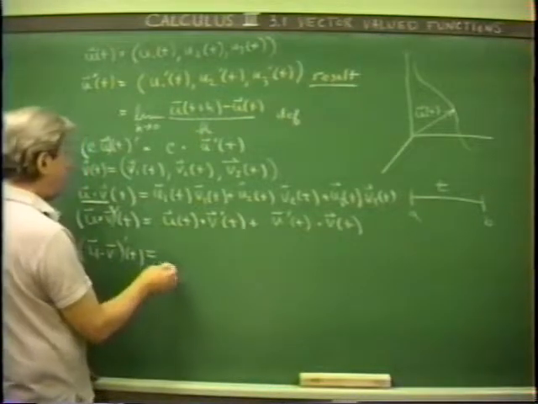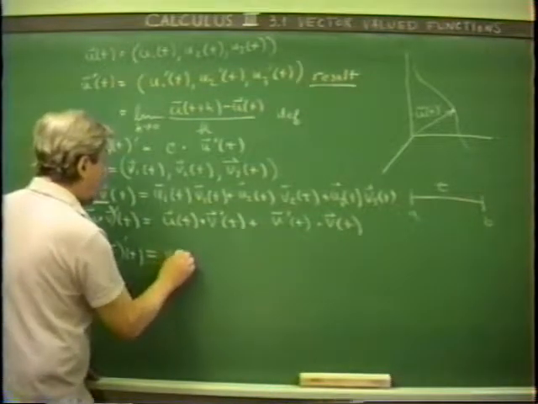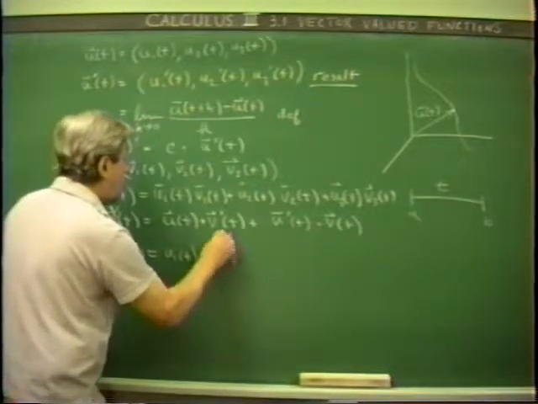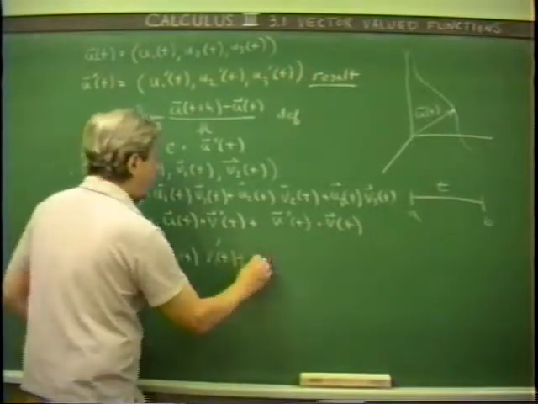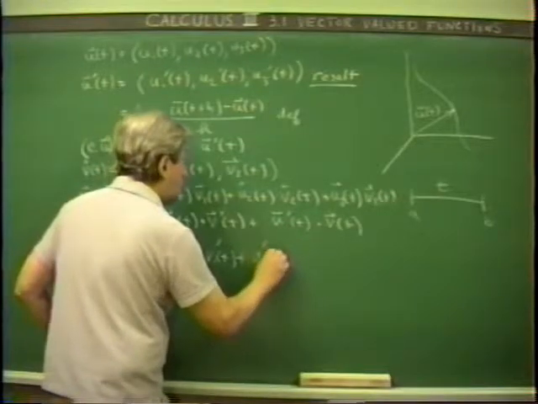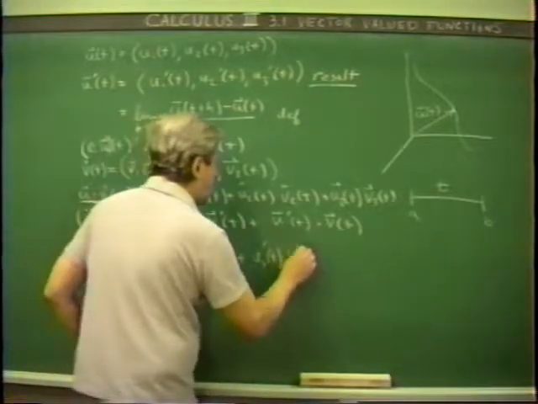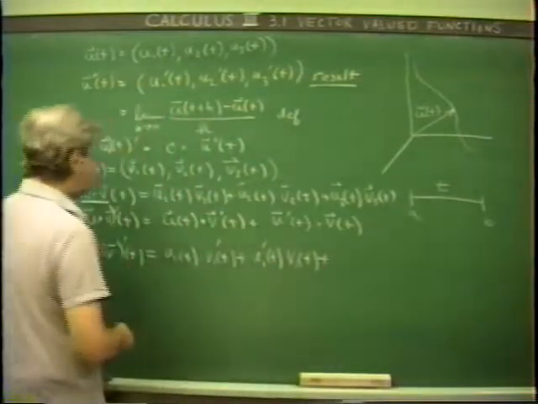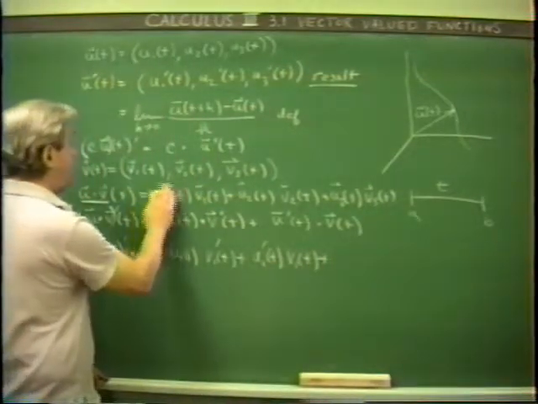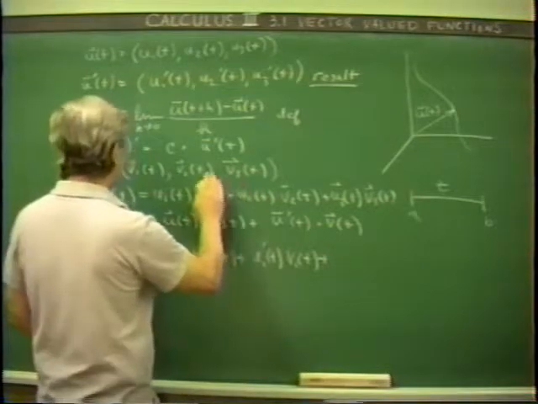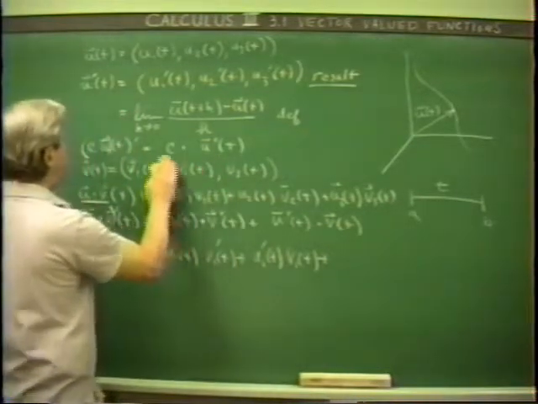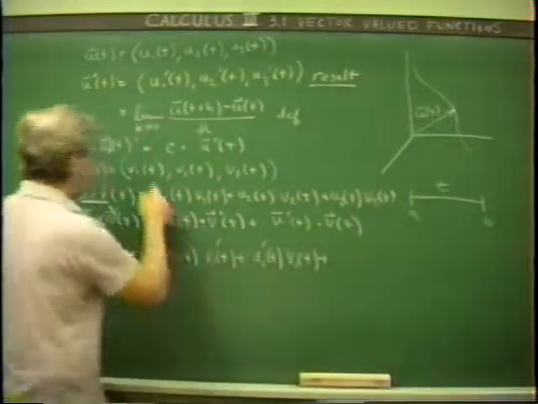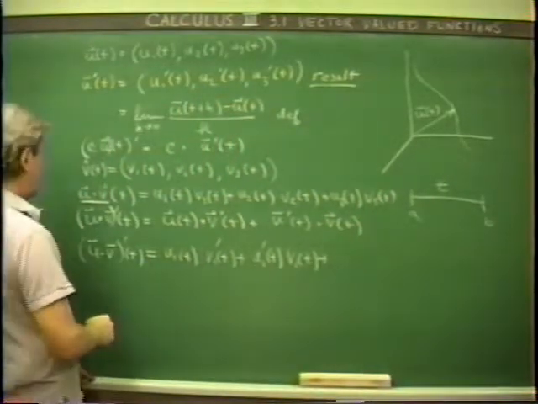So it's going to be equal to u1 of t times the derivative of v1 of t plus the derivative of u1 of t times v1 of t, plus, oh, these u's here are not vectors, huh? Nor are these. These are the scalar parts, the component functions.